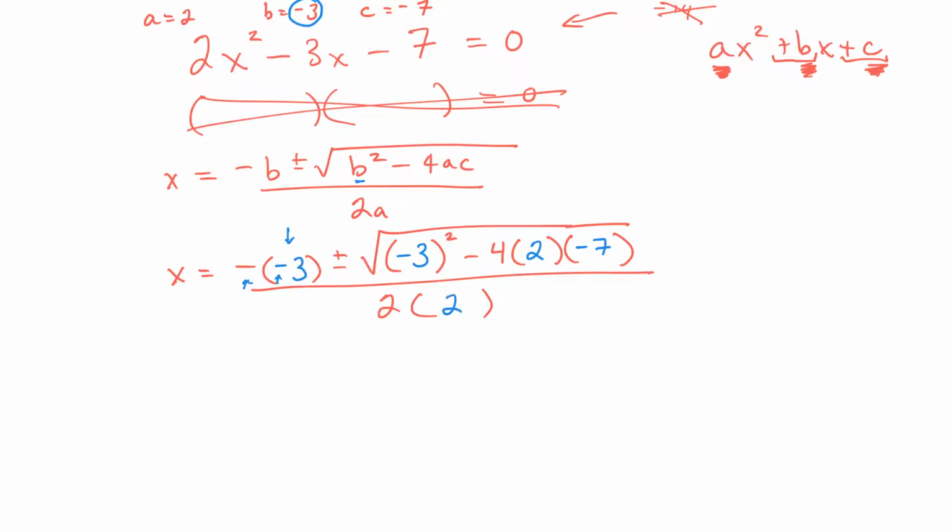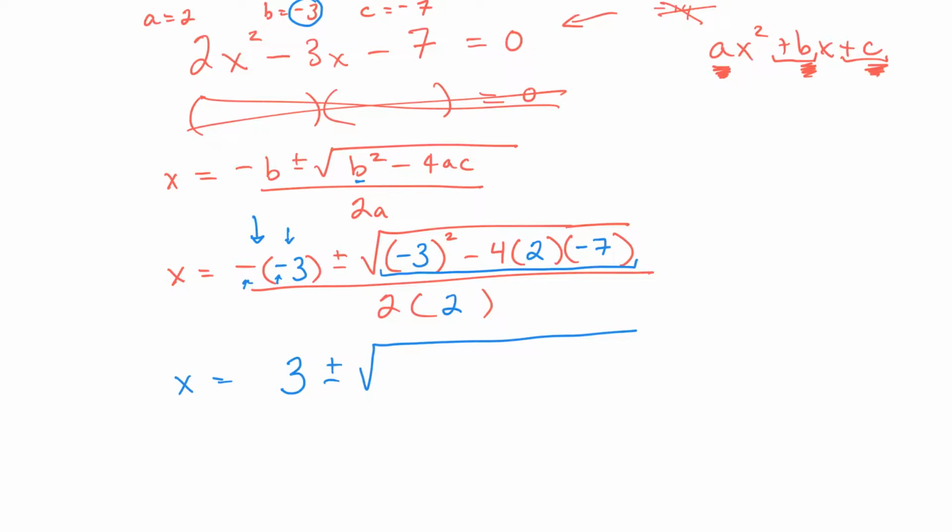Okay, now to simplify things, first thing right here, there's two negatives, so those will cancel. So this will be a positive 3, plus or minus the square root of. Now if you want, you can just put this whole thing in your calculator.